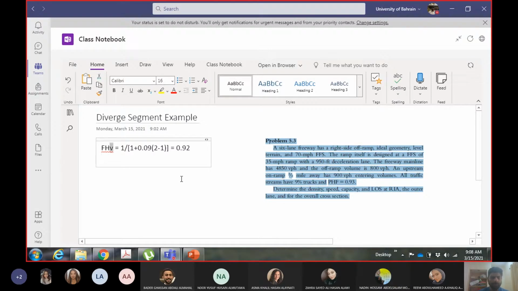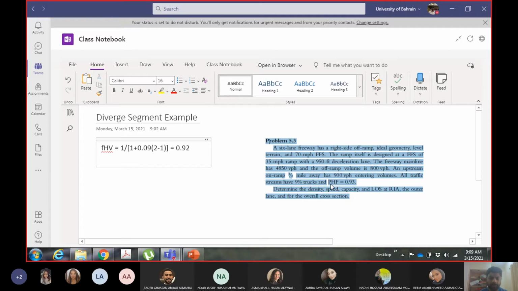This is the same for all the flows. So we will convert the flow for the freeway, the flow for the off ramp, and the flow for the upstream on ramp, all of them to flow rate, using FHV and the peak hour factor.